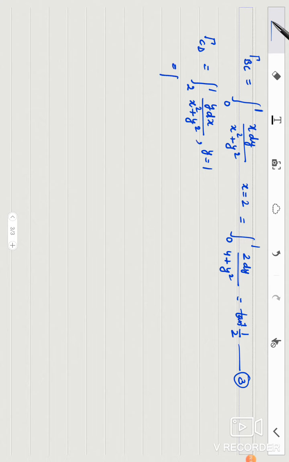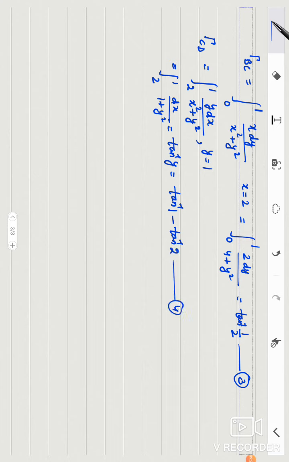So it converts to the integral from 2 to 1 of dx upon 1 plus x square, which will be tan inverse x, so it is tan inverse 1 minus tan inverse 2.